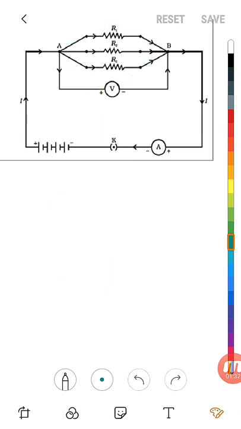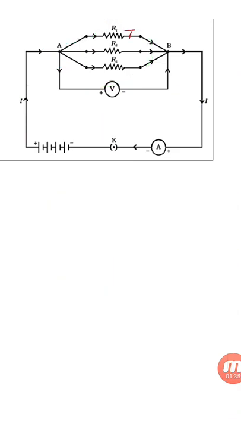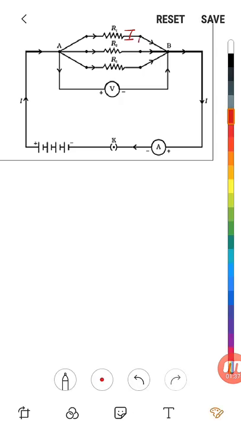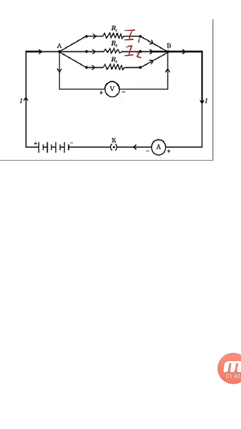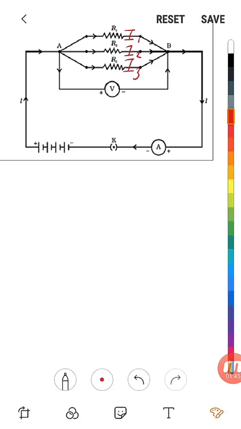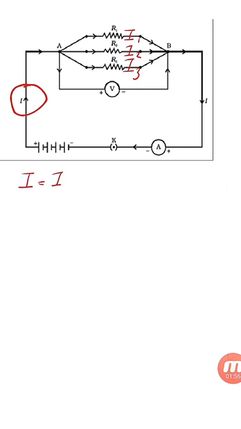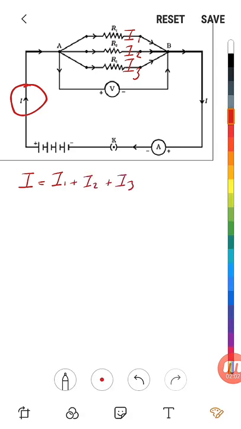Let I1 be the current flowing through resistance R1, I2 through R2, and I3 through R3. I is the total current, so the total current is the sum of the individual currents. I is equal to I1 plus I2 plus I3.